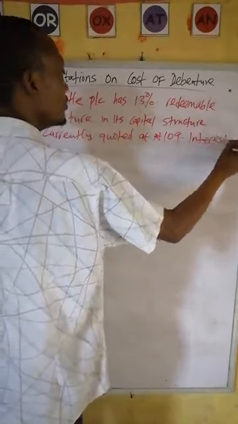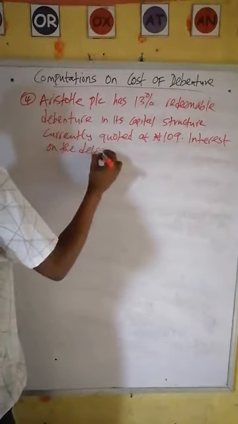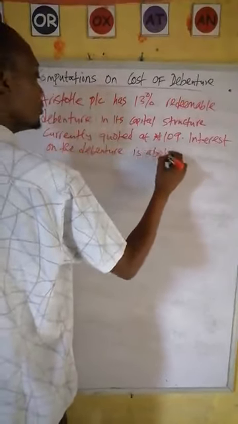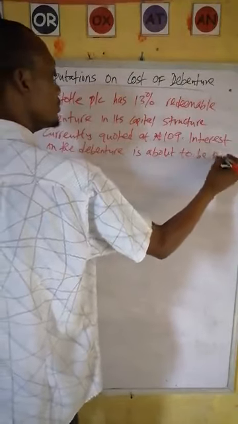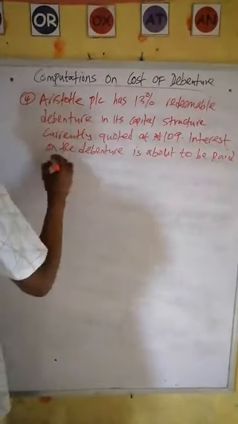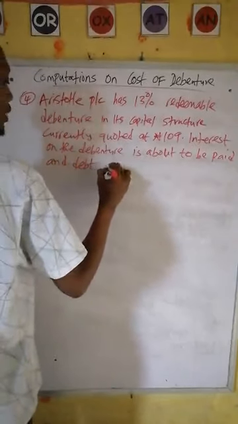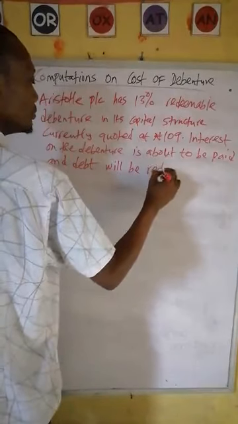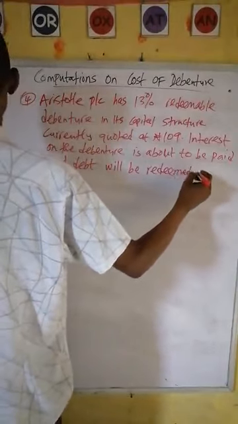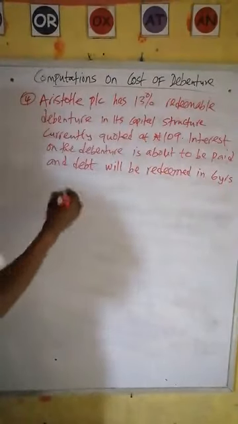Interest on the debenture is about to be paid, and the debt will be redeemed in 6 years' time.